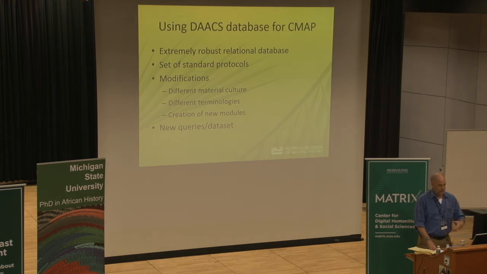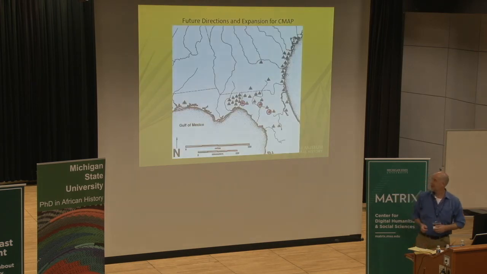So that's how we've used the database and to get started in this initial pilot program, testing to see if it will work on these 3 sites. And we think it does, but we need more testing. So where do we go from here? Well, right now we're working with 3 mission sites, and we plan to expand this. We have 2 coastal sites in Florida that are already in our collections that we plan to add next, as well as other sites throughout the greater Spanish Florida.